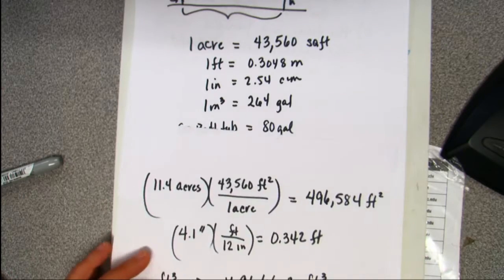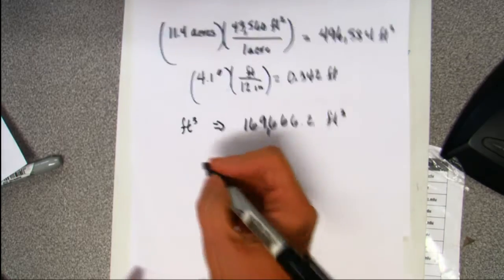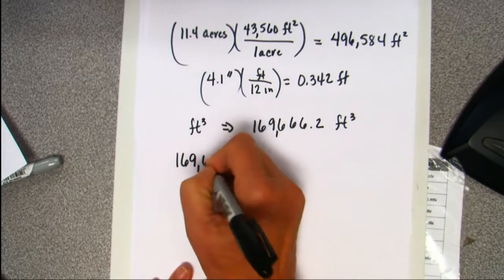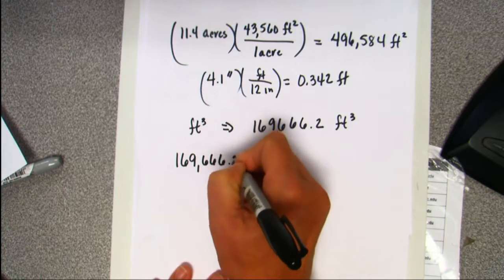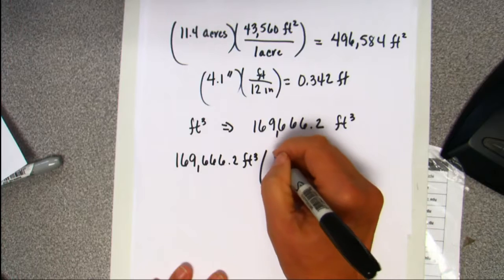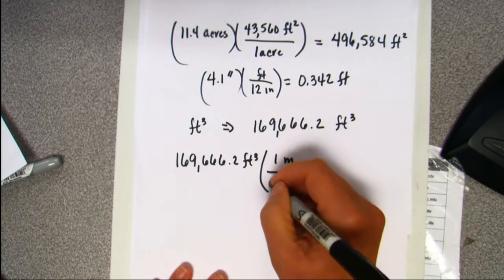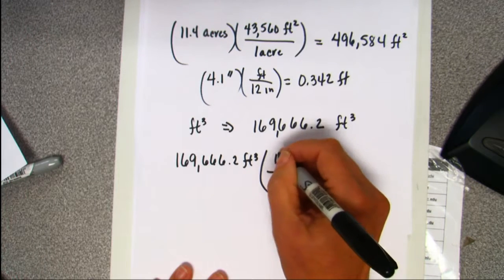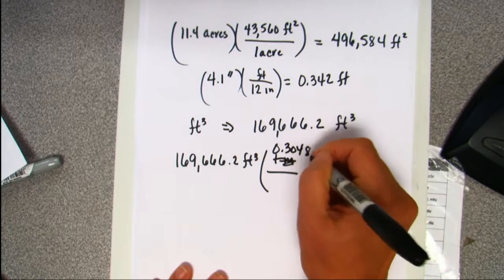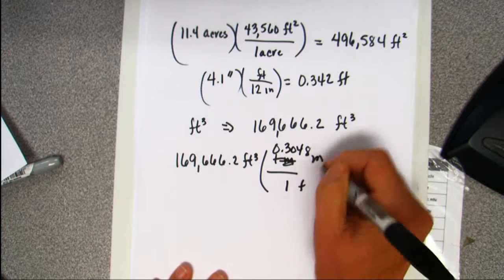So now I'm going to go from there to cubic meters. So to get to cubic meters, I have to take my cubic feet, and 0.3048 meters is equal to 1 foot.